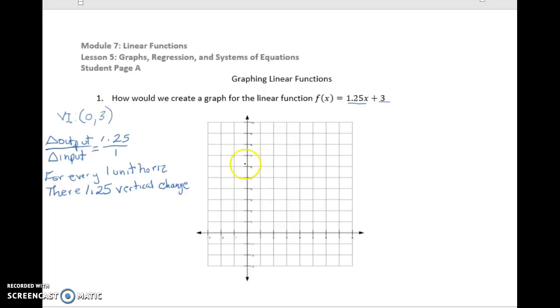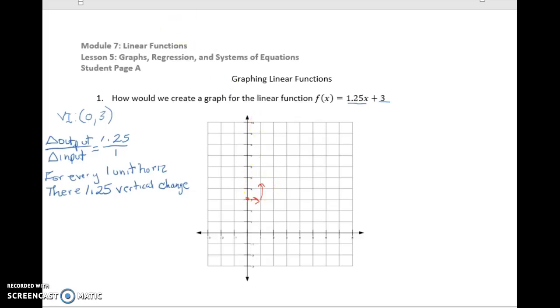Okay, so if we have a point at (0, 3), right there, and now we want to move 1 unit to the right, we're going to go 1.25 units up. Well, it's very, very difficult to find 0.25 of a measurement in between these two units.